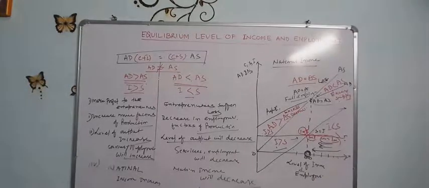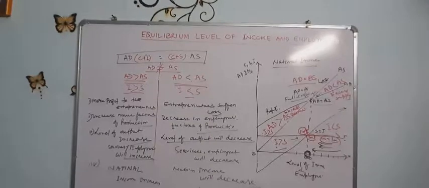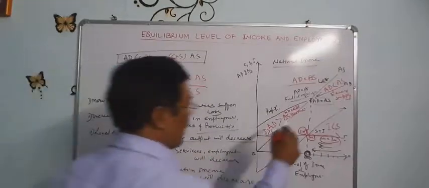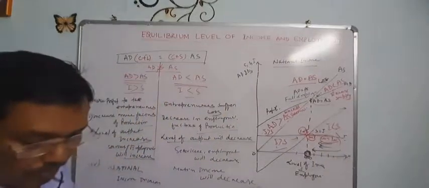The solution is that employment will be increased, demand will be increased, or supply will be increased, and then there will be a coincidence where aggregate demand equals aggregate supply. This is our theoretical analysis, but it is very difficult for a practical open economy to reach this conclusion where aggregate demand equals aggregate supply.